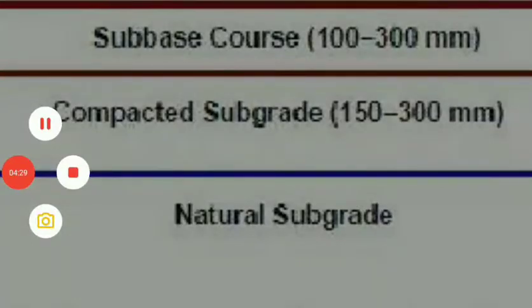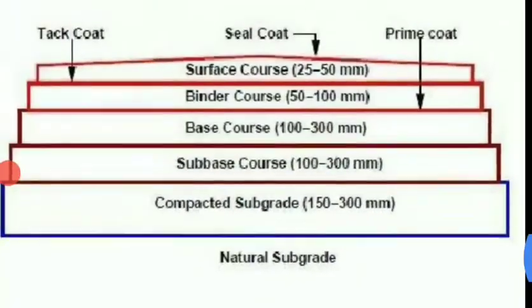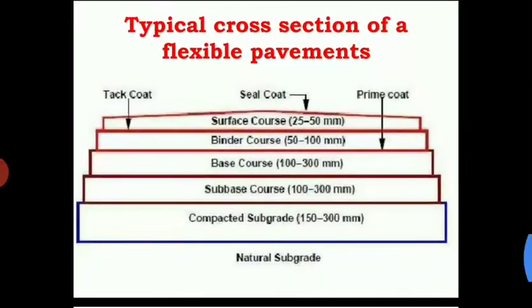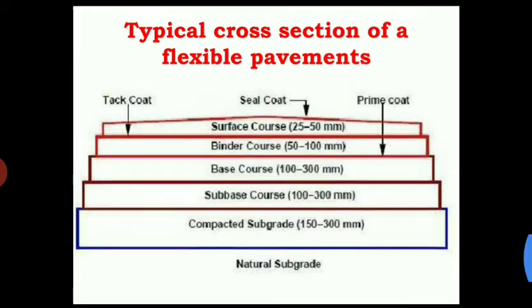It is going to transfer that entire load of these top layers to the natural subgrade. So this is how the exact load distribution can be done by using these different layers.